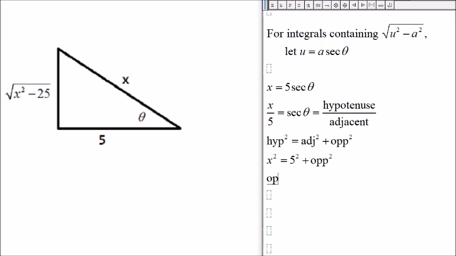So we'll get the opposite side squared is equal to x squared, and then 5 squared here, we subtract both sides by 25, and we get x squared minus 25. And then take the square root of both sides, and the opposite side will be the square root of x squared minus 25.